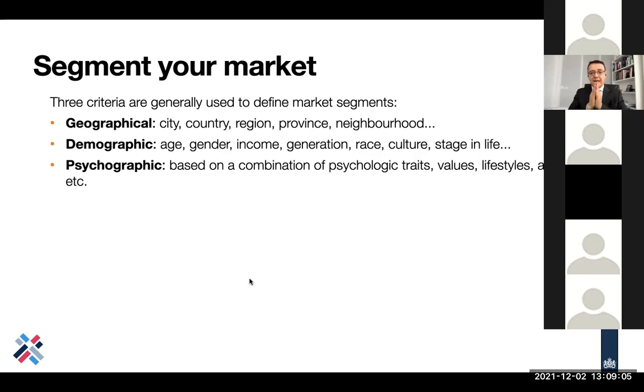But again, understanding segments is incredibly important, particularly because the closer you get to selling to consumers, the more you are going to be involved in the process of promoting those products to consumers. We'll get to that in the next presentation, which is going to be tomorrow. But I just want to make sure that you understand the importance of understanding segments. Okay?